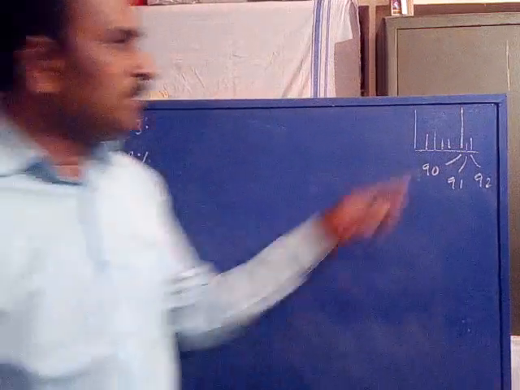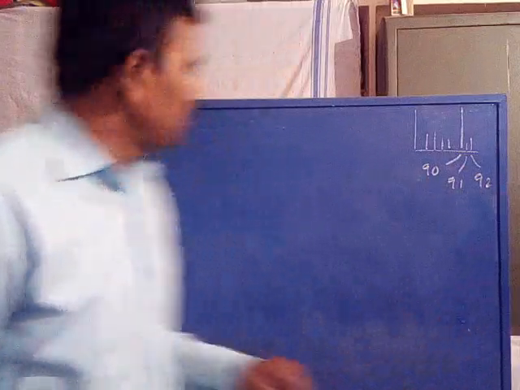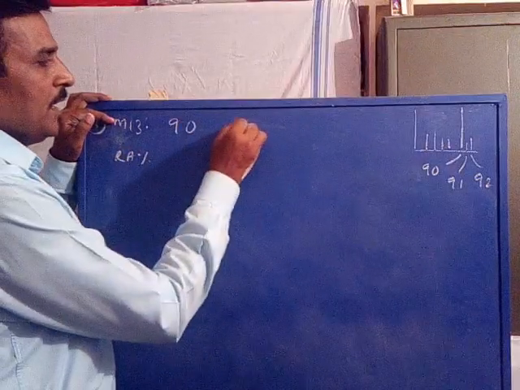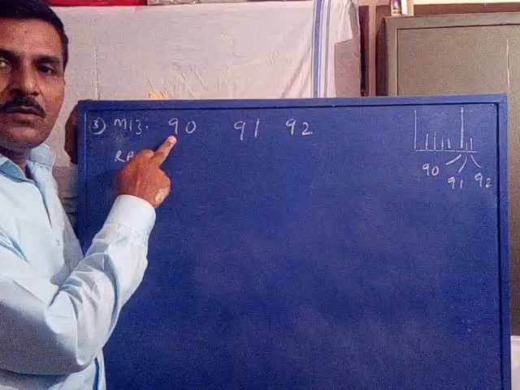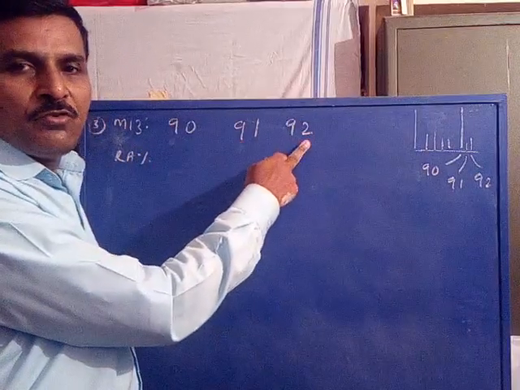These are the series of signals, m/z values 90, 91, 92. 90 is related to the molecular ion, 91 is the +1 signal, 92 is the +2 signal.